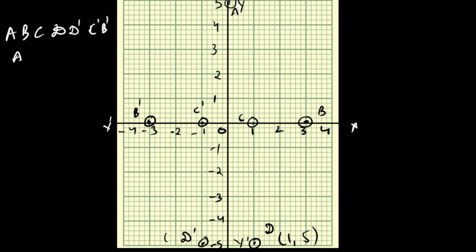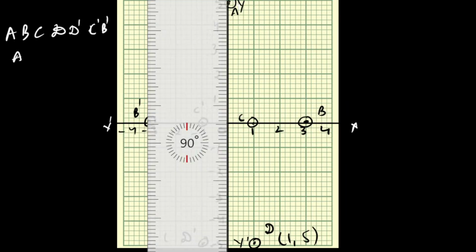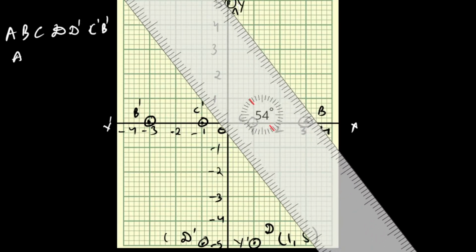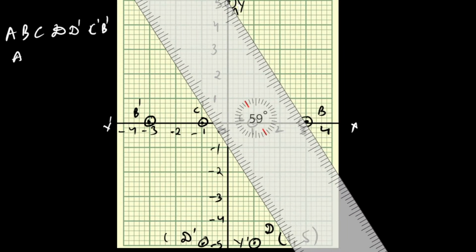Let us join now. With the help of a scale, you have to join. So A with B, B with C. In the same order you have to join whenever they have mentioned, to get this figure.